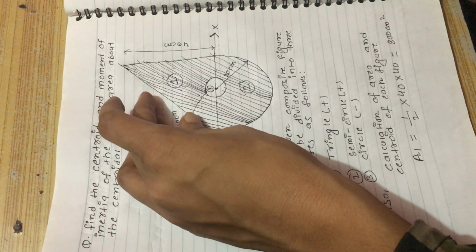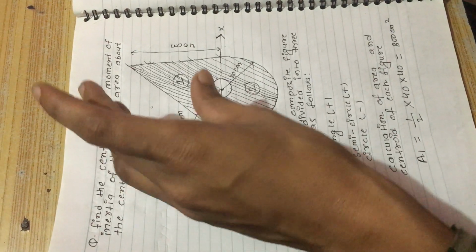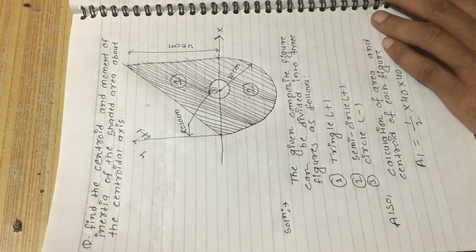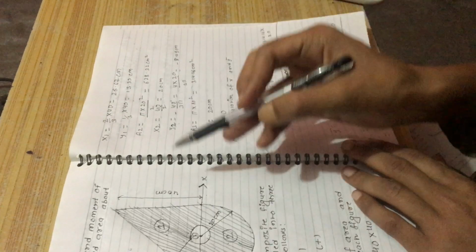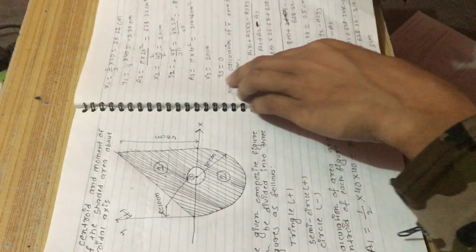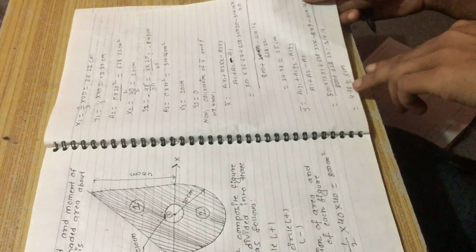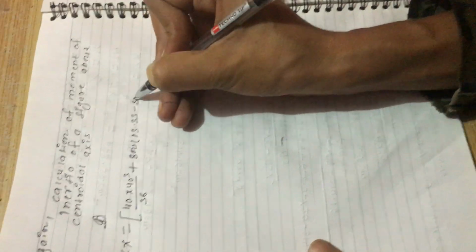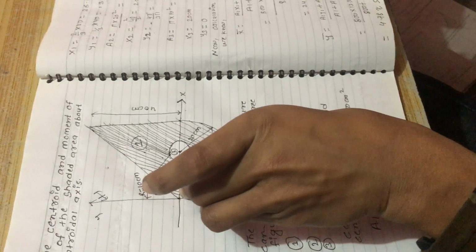The y of this triangle, that is y1, is 13.33, so 13.33 minus y bar. Y bar is approximately equal to 5, that is 5 square.